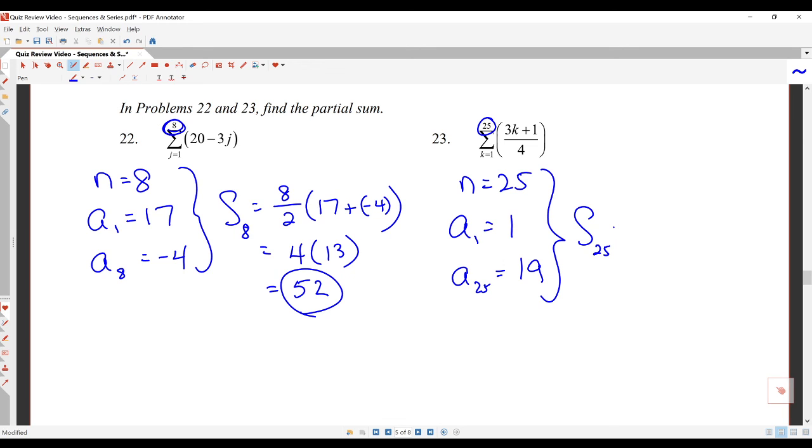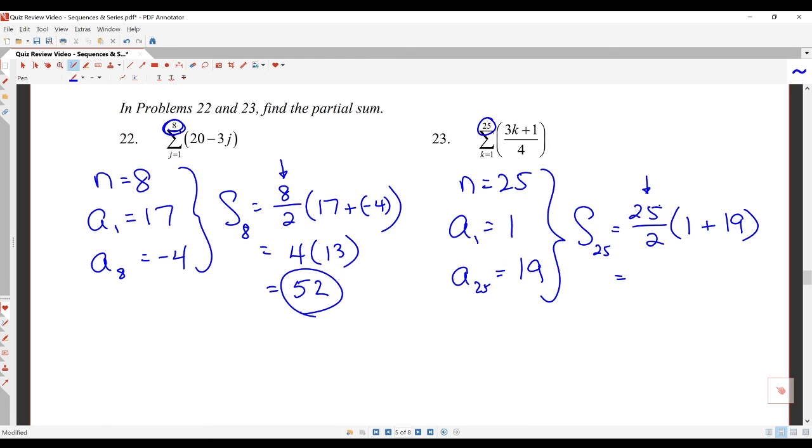So the sum of the first 25 terms is n over 2 times a1 plus an. Now, one thing of interest here is this fraction out in front being divided by 2. If the numerator is an even number, you can divide that by 2 and get a nice answer.